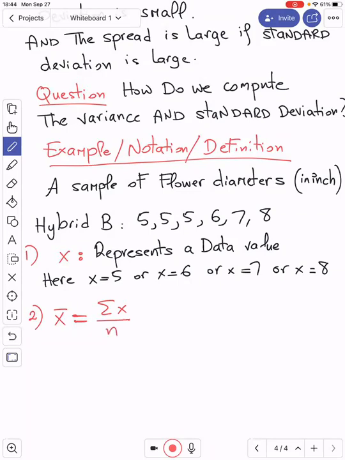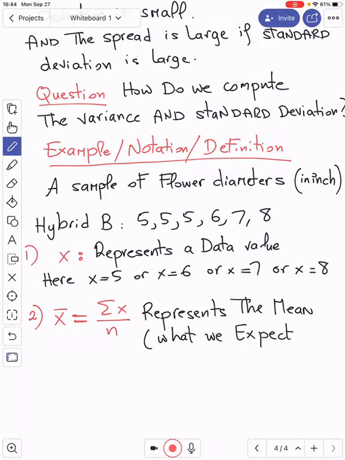This is your mean, the data value that you expect. And just to remind you, the N is the size of the sample.